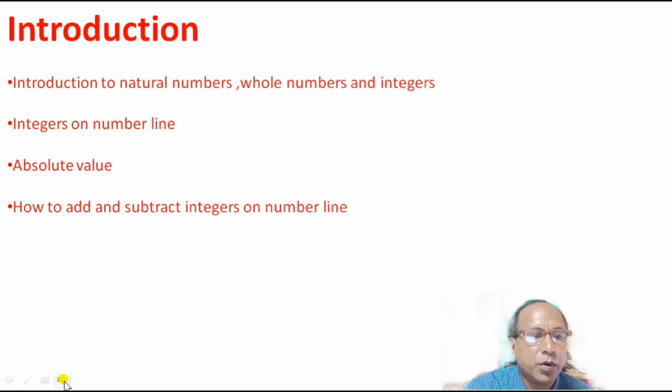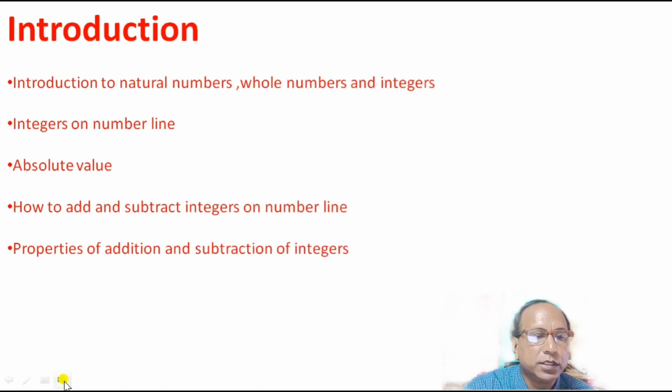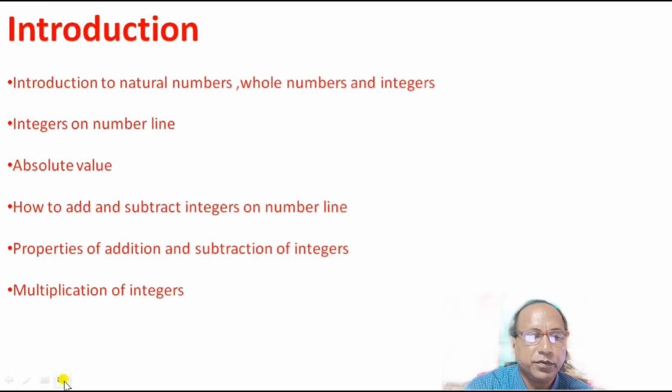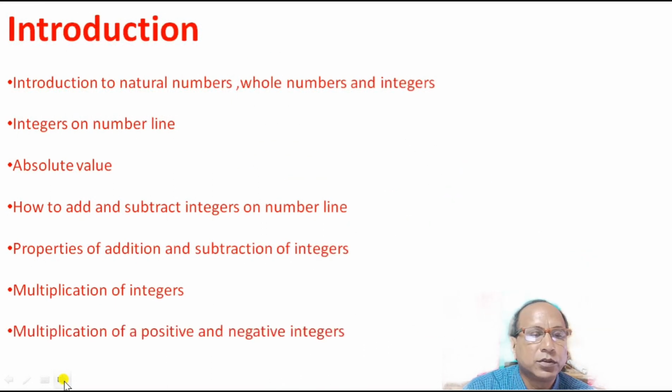Next one is properties of addition and subtraction of integers. Next one is multiplication of integers. And the last is multiplication of positive and negative integers. We will cover all these topics in this chapter, that is introduction of integers.